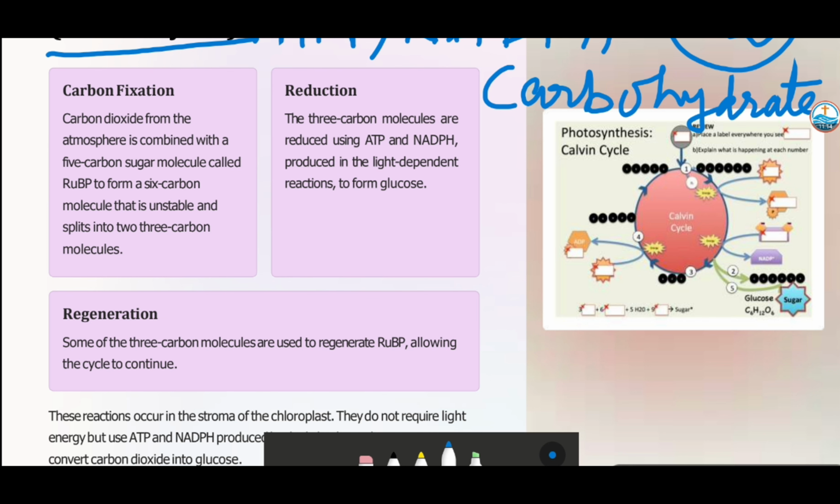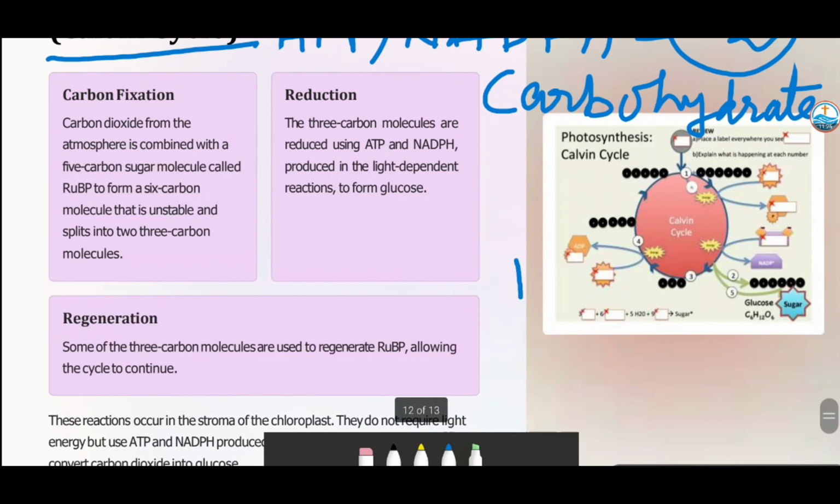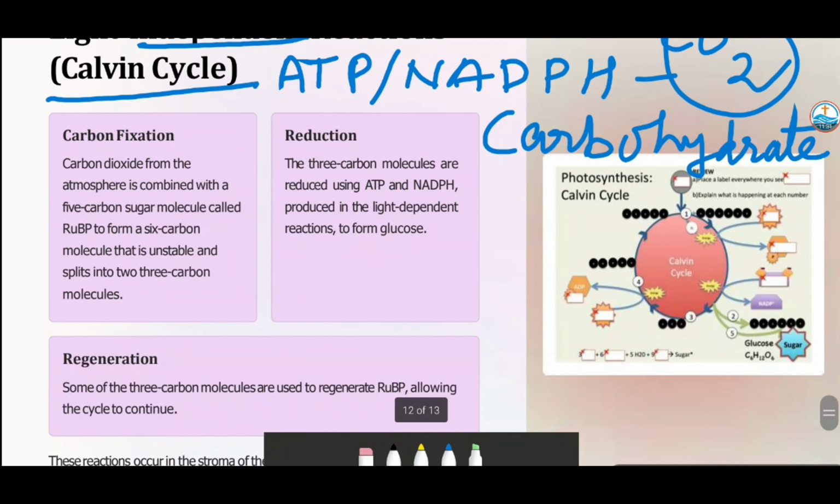So here the ATP and NADPH, which are produced by the light reactions, are used to convert the carbon dioxide to carbohydrate. Now how will it happen? Let's see.